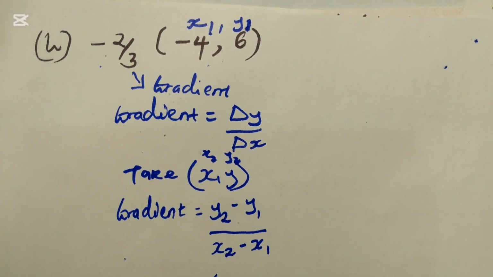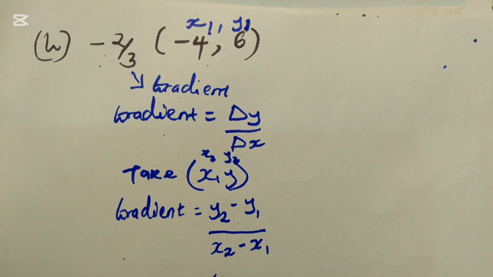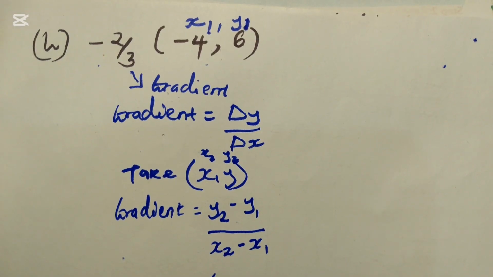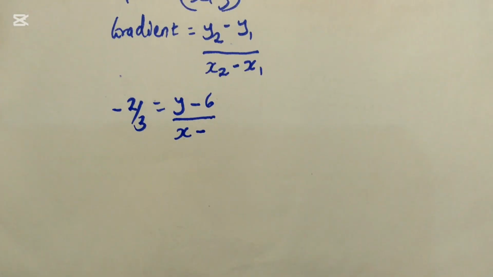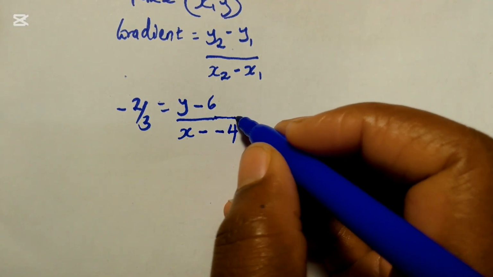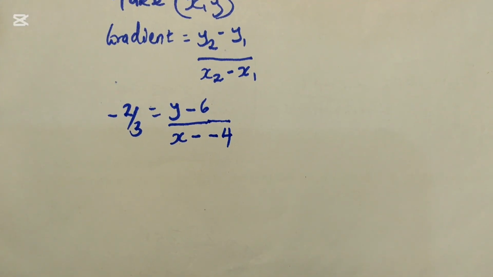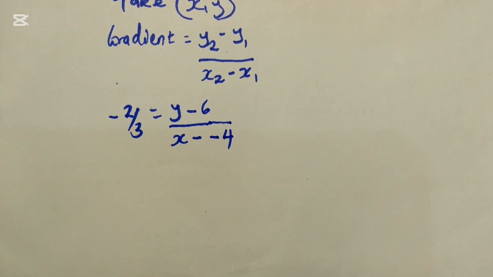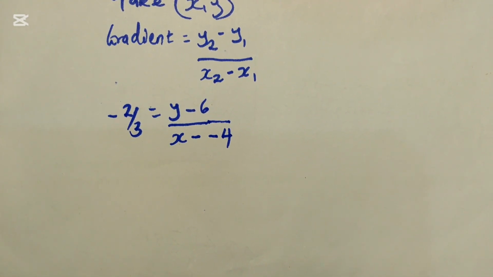Look at x1. Yes, you've seen right, x1 is negative 4. So it is minus negative 4. Pay attention to that. Many students mess up at that point and end up getting it wrong. A very simple thing. Don't mess up.